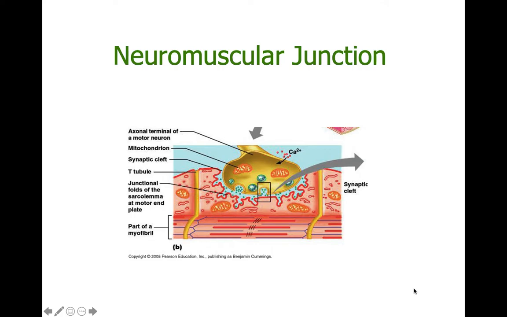You'll see that in our presynaptic terminal, we have synaptic vesicles filled with teal colored balls. Those teal balls represent the acetylcholine molecules. As the synaptic vesicle dumps the acetylcholine into the synaptic cleft, it's going to move across through diffusion to the motor end plate.